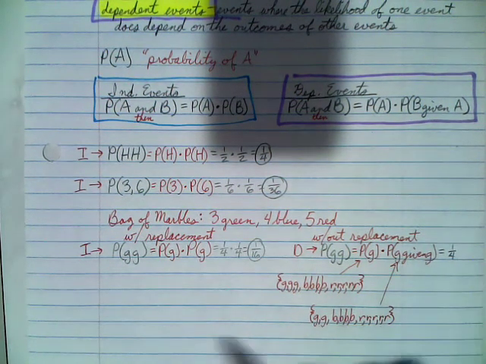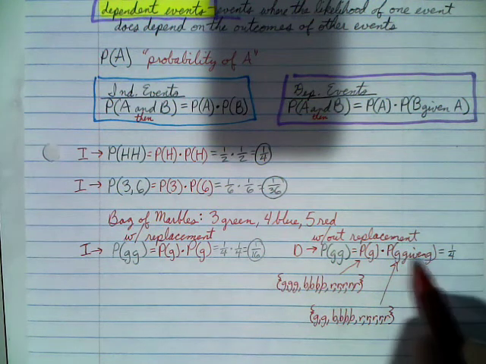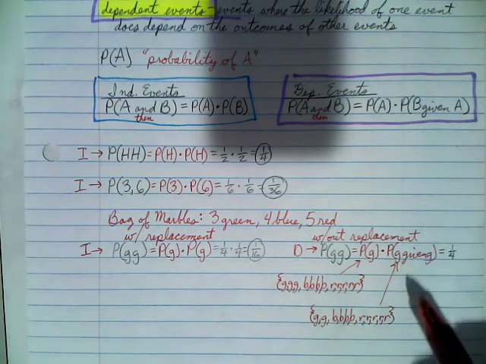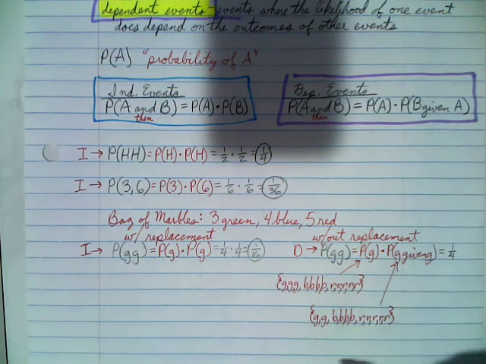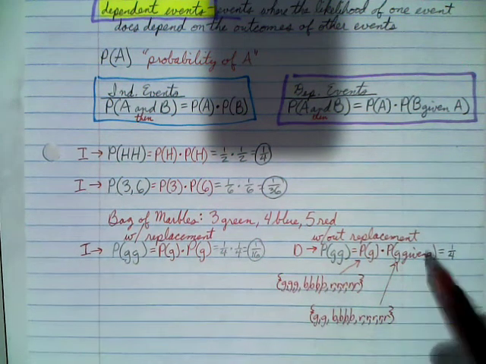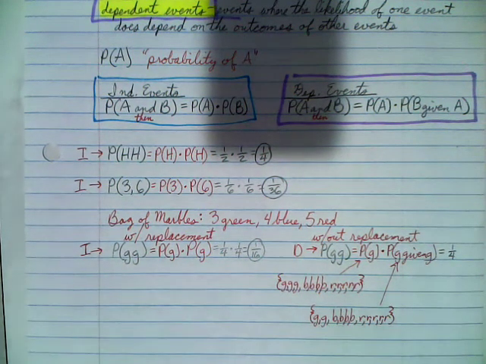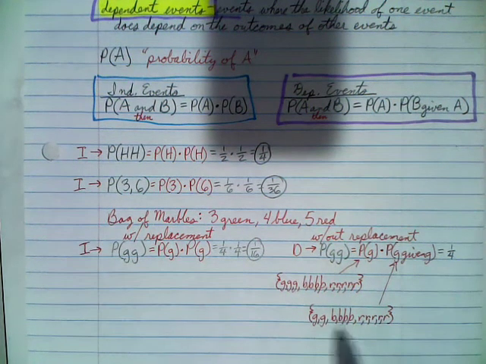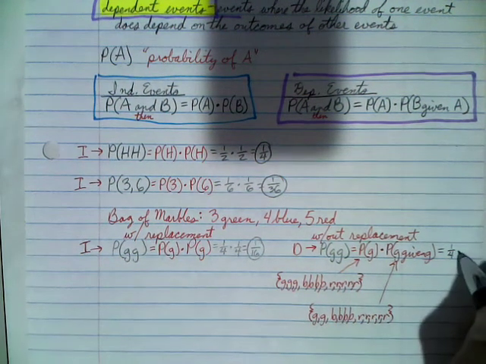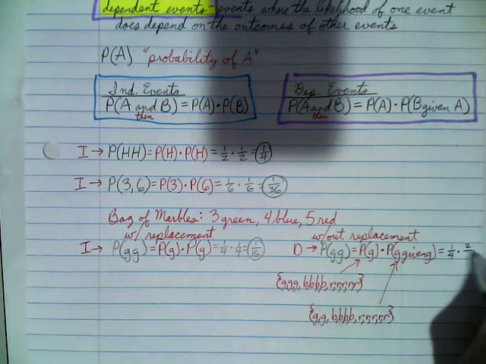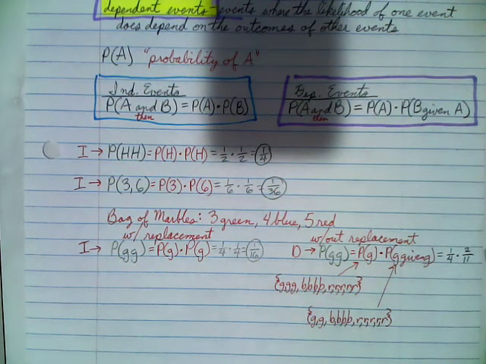So this is sometimes called conditional probability. This conditional probability, or the dependent probability here, depends on what you pulled the first time. So assuming we pulled a green the first time, now there are only 2 out of the 11 total that are green. So my second probability becomes 2/11.